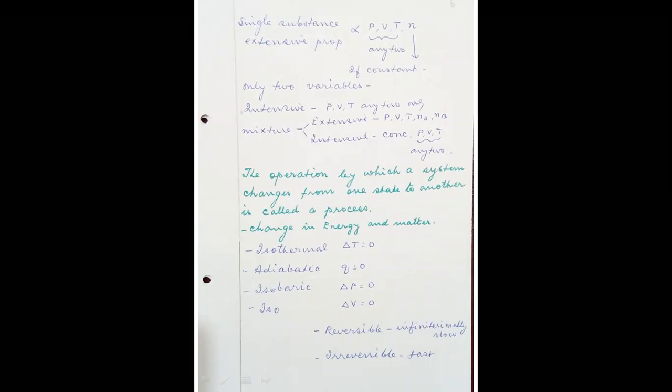Now, another important concept: the operation by which a system changes from one state to another is called a process. Say, for example, I will be explaining the same concept with a diagram, then you will understand. The operation by which a system changes from one state to another is called a process.